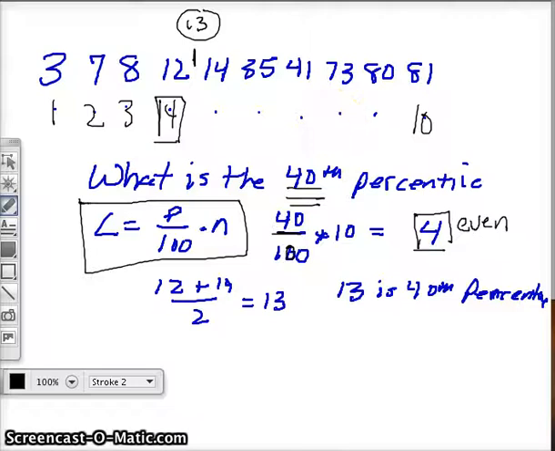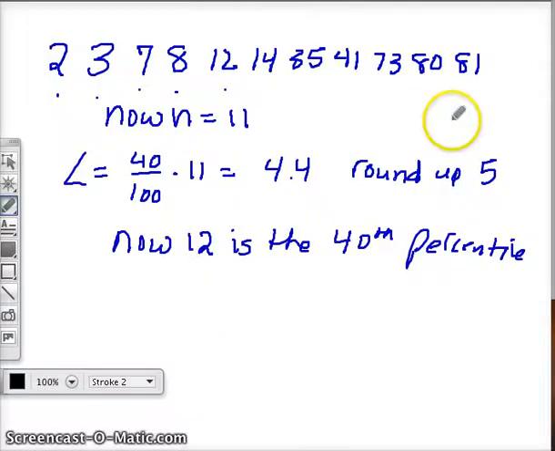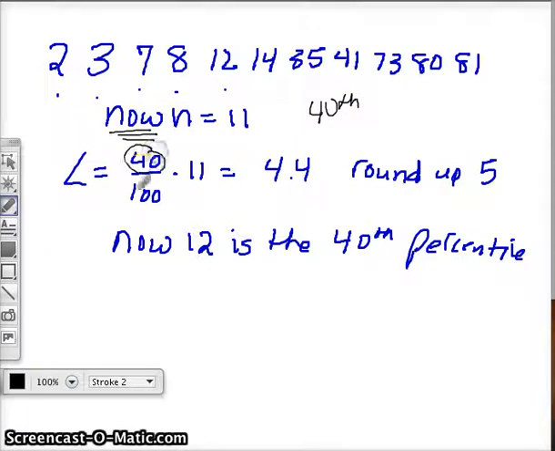All right, let's try this again. Now in this case, n is 11. So I have 11 numbers, and I want to find the 40th percentile. I'm going to do 40 over 100 times the number of numbers. And now notice what I get. I get a decimal.